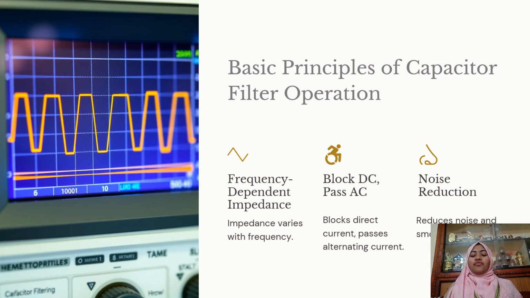Okay, so firstly: frequency dependent impedance, block DC, pass AC, and noise reduction. Noise reduction reduces noise. So first of all, frequency dependent impedance. Impedance varies with frequency.